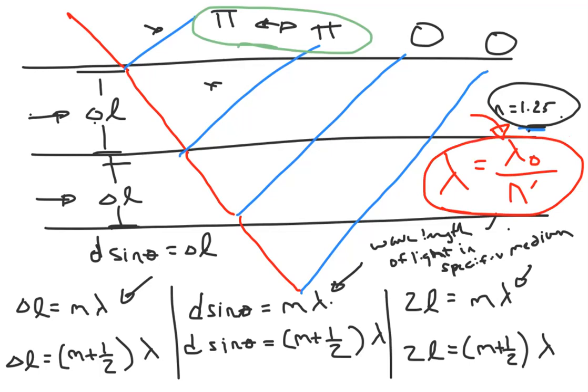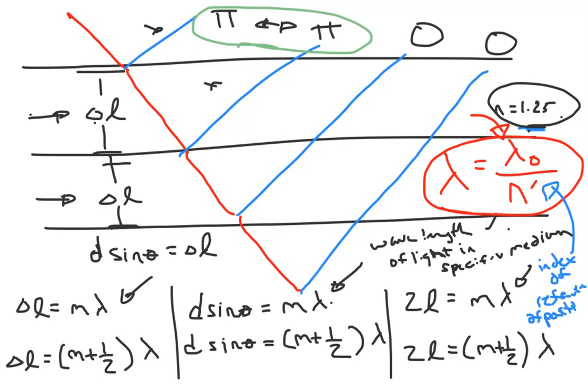Now the n prime, that's the index of refraction of the medium that you're in. So you're looking at the ratio of the wavelength of light in a vacuum to the index of refraction of the particular medium.